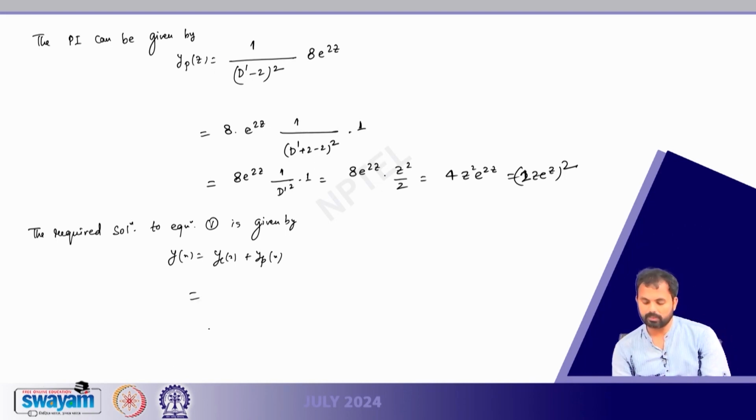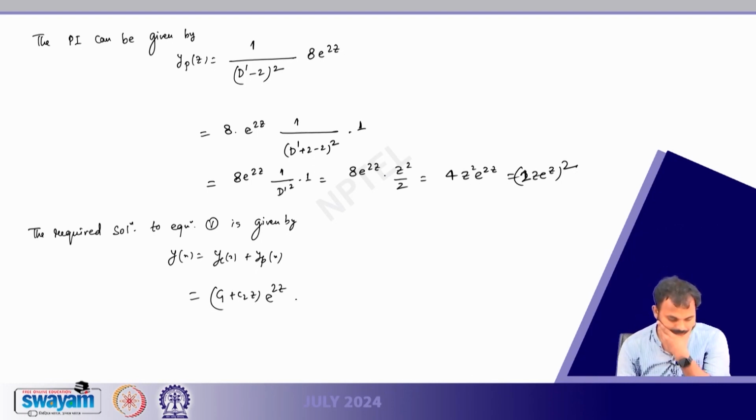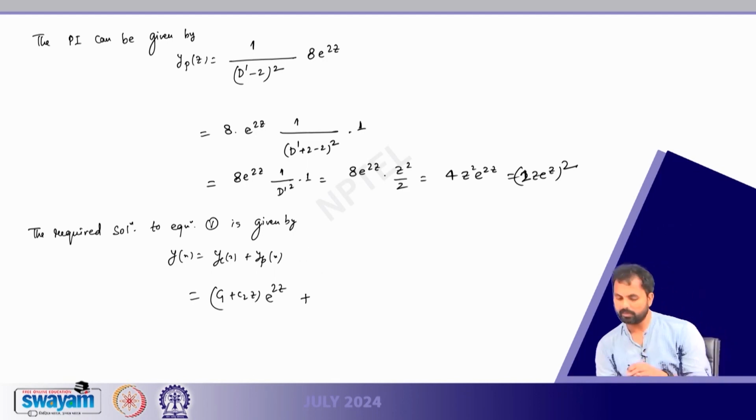So yc(x) is (c1 plus c2 z) into e to the power 2z, right, e to the power 2z, and the particular integral is oh, it is not 8 actually, wait a minute, is it 2?